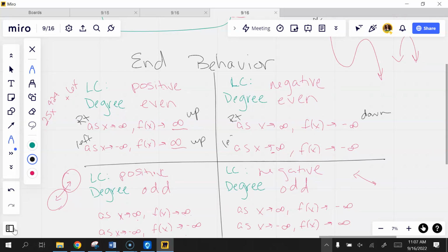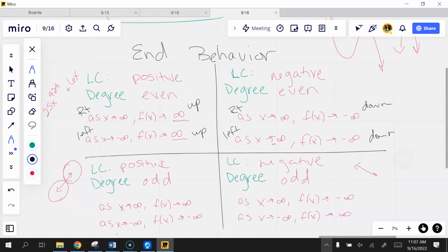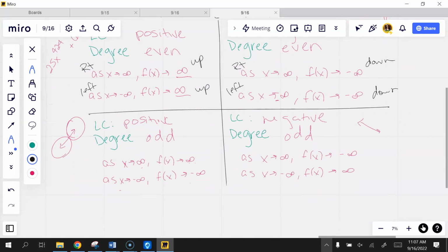How about the bottom one? How about here? Right, up, left, down. Right, down, left.